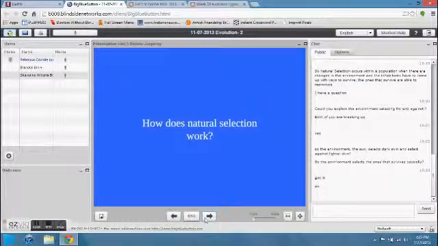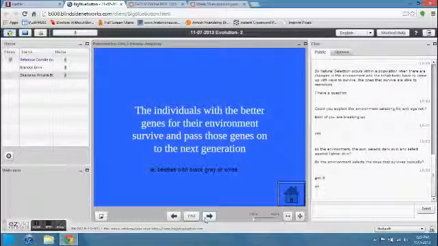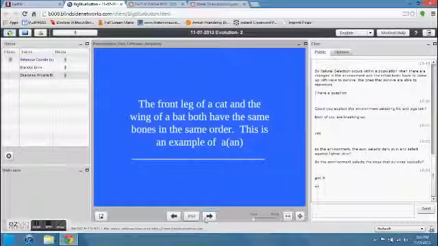Here we go. Next slide. So the front leg of a cat and the wing of a bat both have the same bones in the same order. This is an example of an... Oop, Shivani's got it.